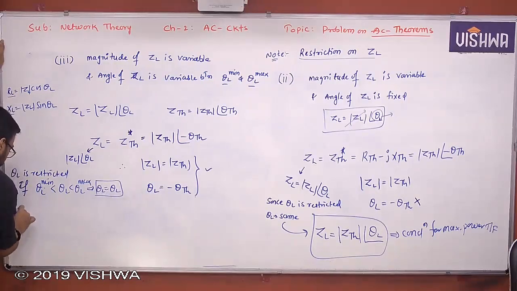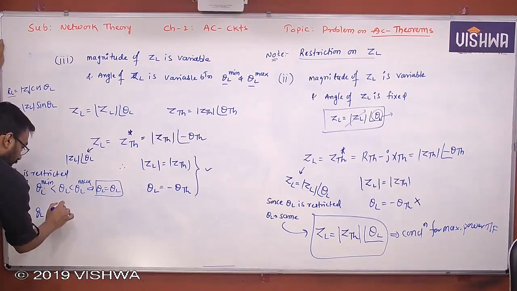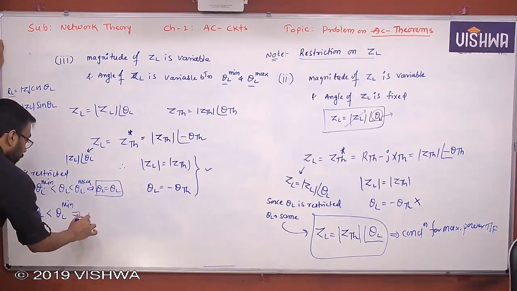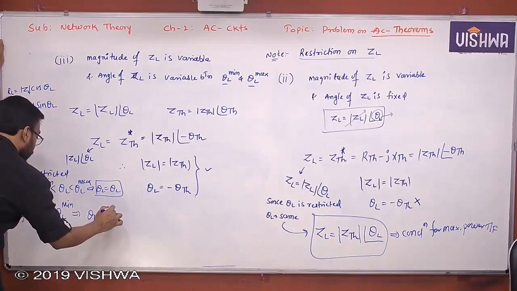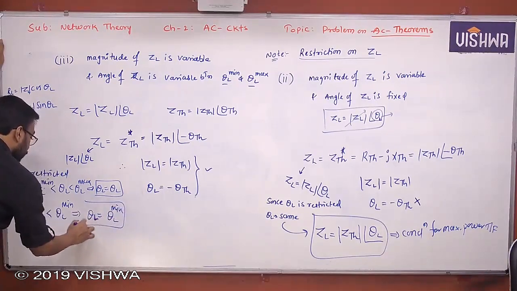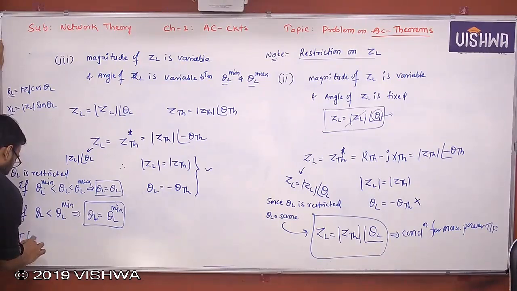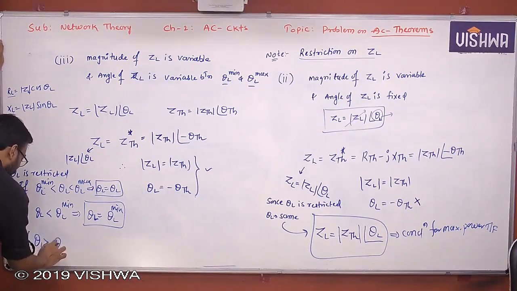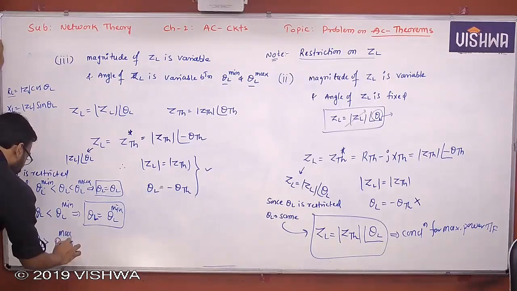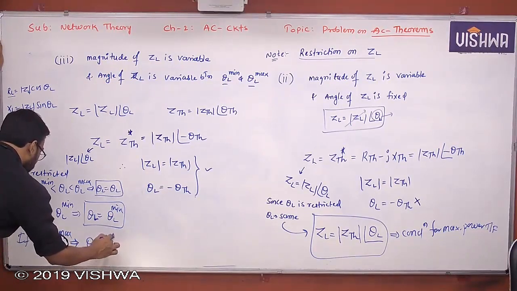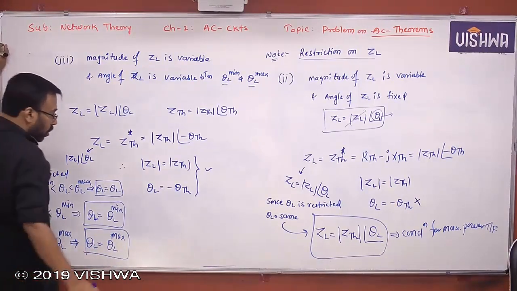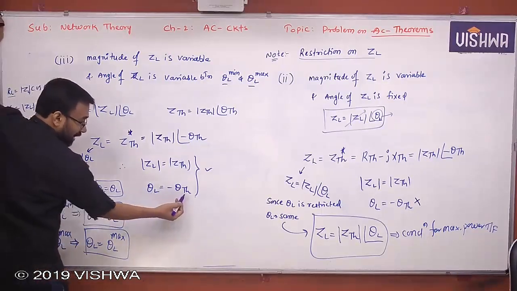Well, if theta L is less than theta L minimum, theta L will become theta L minimum. If theta L is greater than theta L maximum, theta L is equal to theta L maximum. You understand? So now theta L value is equal to minus theta TH, no doubt in that.